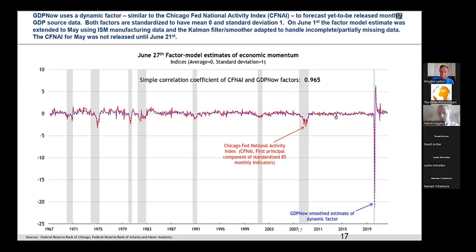Essentially, you take a linear combination of these 85 variables, regress it against each of those 85 variables separately, and the one that does the best job overall on all 85 variables together is the first principal component.